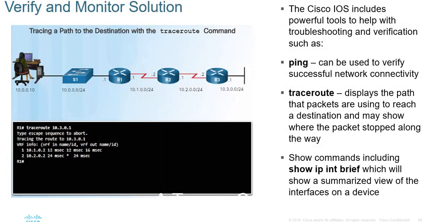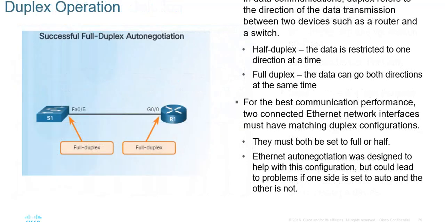Cisco IOS includes powerful tools, so you have ping, traceroute. But those are the two top utilities that you can use to verify. So we have duplexes. Whenever you have a duplex mismatch between your switches, your network goes down. They will not communicate. So duplex, like I explained in my previous videos, is the mode or the direction of communication.